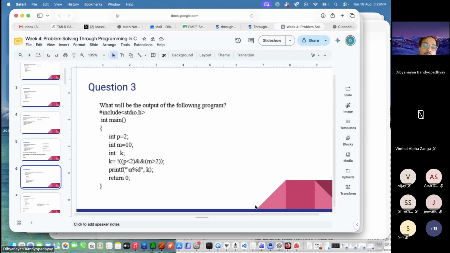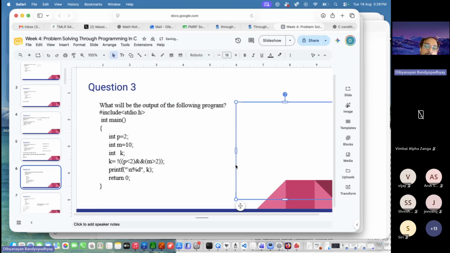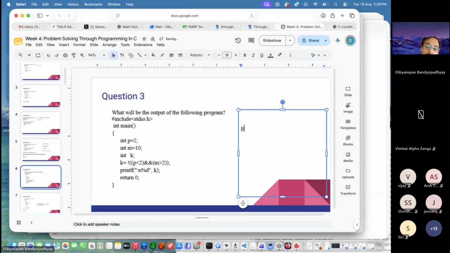Okay. So if you see carefully what is happening here, let's write it here. P less than 2. Is it true or not? It is false, right? So this part will evaluate to 0. And AM is greater than 2 or not?